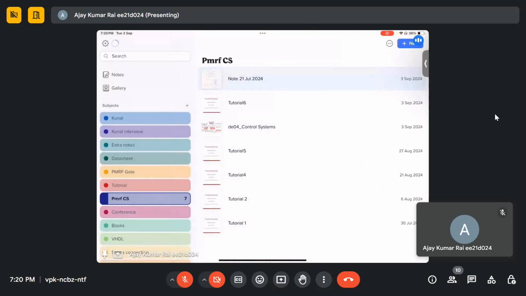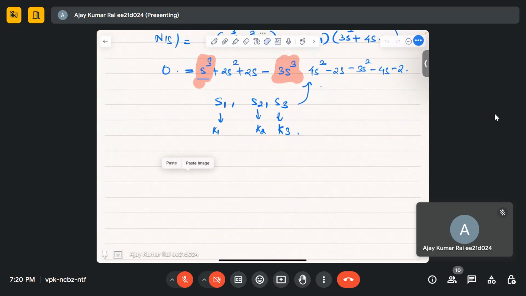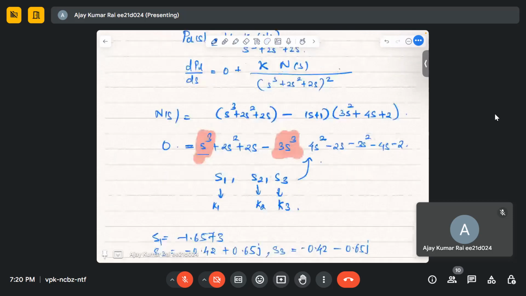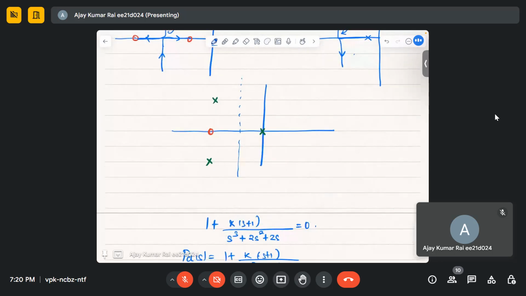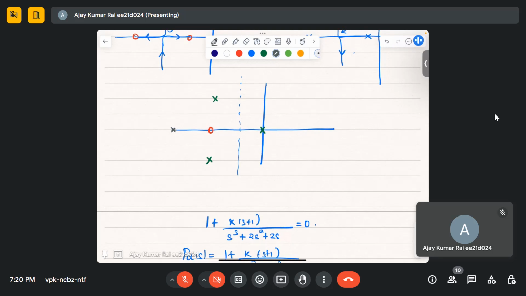Okay, so let me go to here. These are the 3 roots, s1, s2 and s3. One value I'm getting is here. Do you think at this point the root locus can exist?